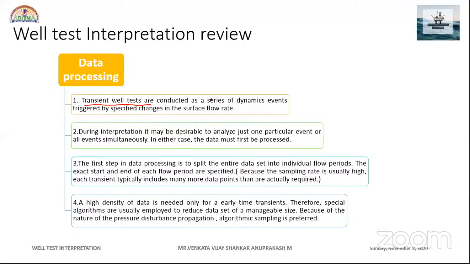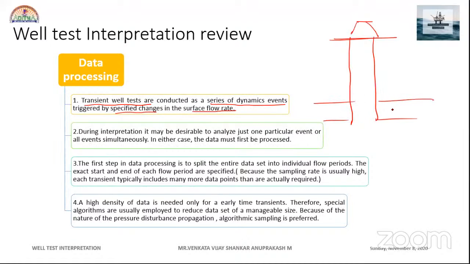So transient well tests are conducted as a series of dynamic events by specified changes in the surface flow rate. So suppose this is your well, and you are producing from somewhere here, but whatever changes you make are to the surface flow rate.